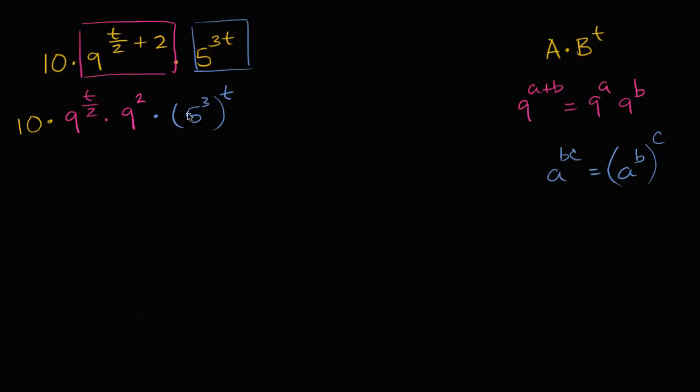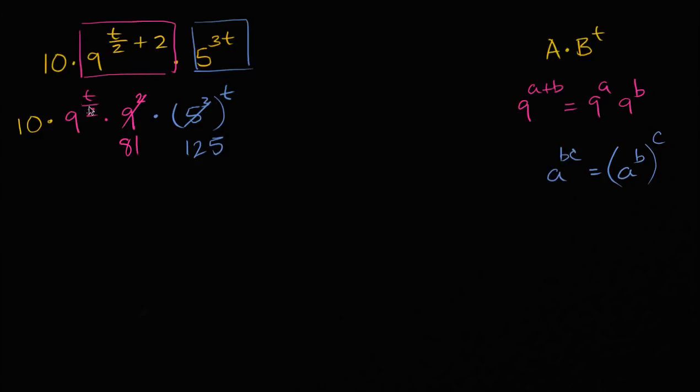And the whole reason I did that is, well, this is just going to be a number, and then I'm going to have some number to the t power. I want to get as many things just raised to the t power as possible, just to see if I can simplify this thing. So this character right over here is going to be 81. 9 squared is 81. 5 to the third power, let's see, 25 times 5, that's 125. So we're making good progress.